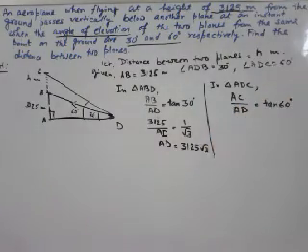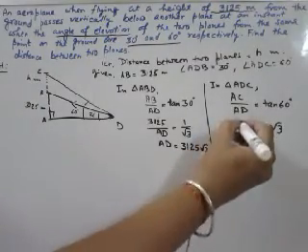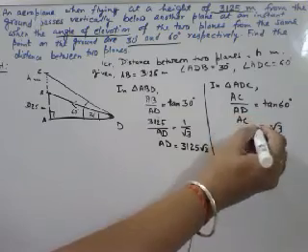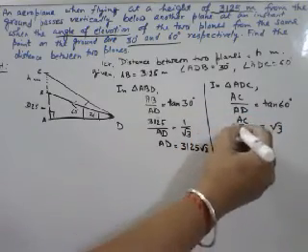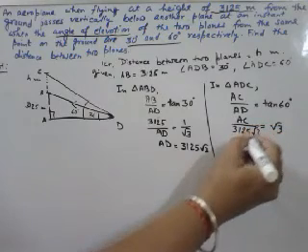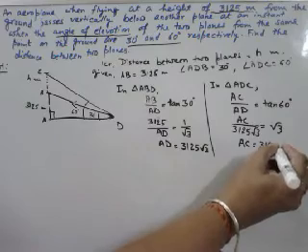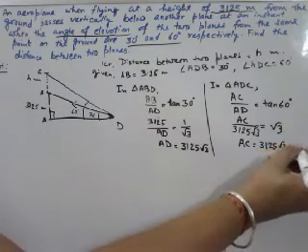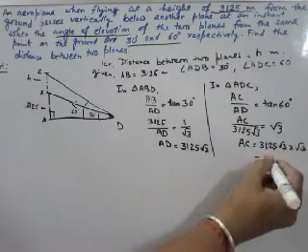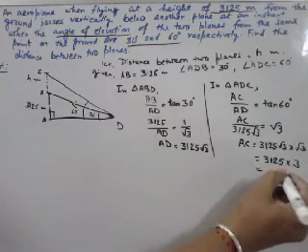Now value of tan 60 is root 3, so AC is unknown, AD we know is 3125 root 3, so AC equals 3125 root 3 into root 3, that means 3125 into 3.